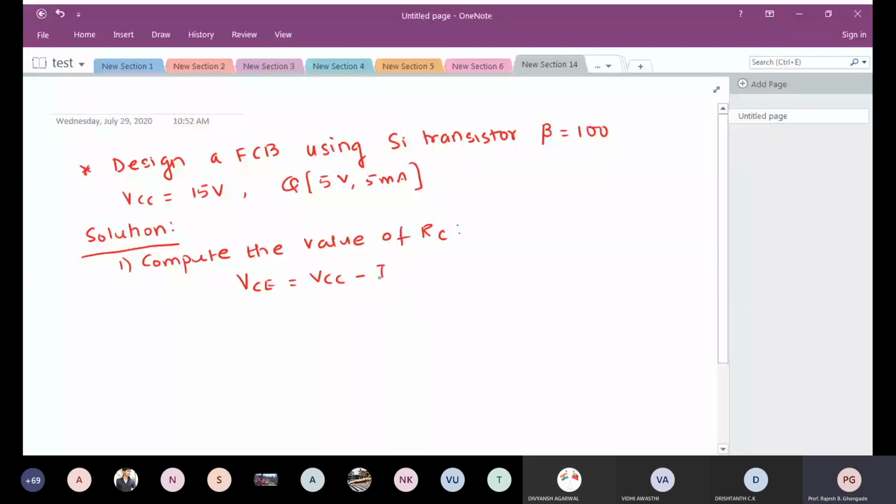Of course RC has to be found out, so we are using this equation. From this equation, can I find out the value of RC? VCE is known, VCC is known, IC is known. So RC is VCC minus VCE divided by IC. This turns out to be 15 volts minus 5 volts divided by 5 milliamperes.